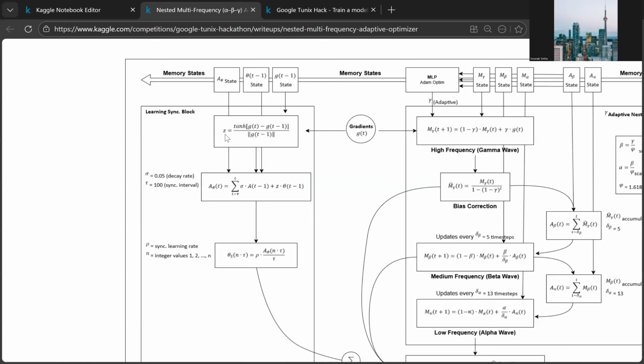That would be a better idea. But since in Tunix I couldn't find any way to connect these scores and transfer them into the optimizer, I have used the gradients for that.